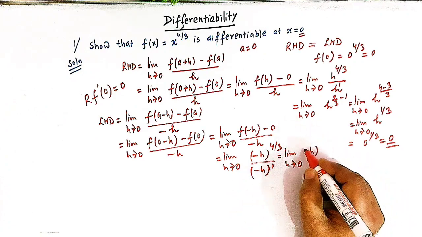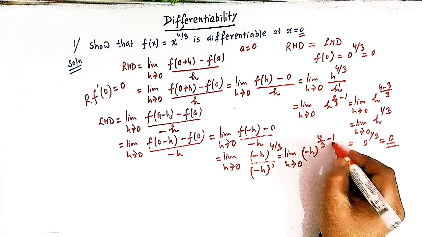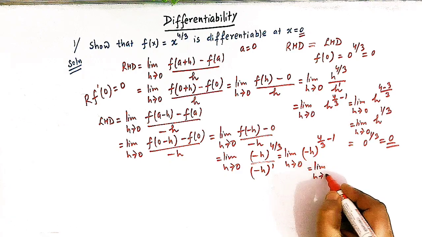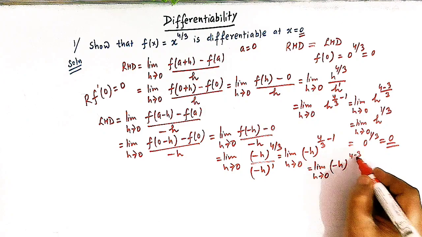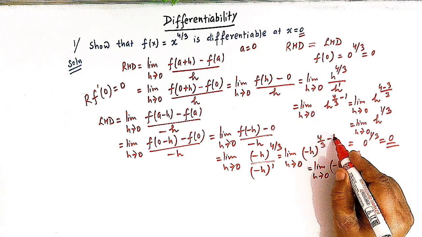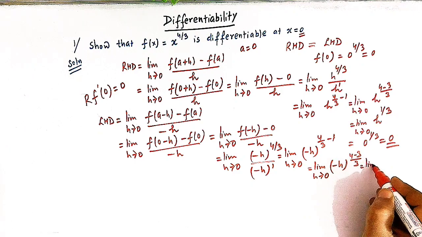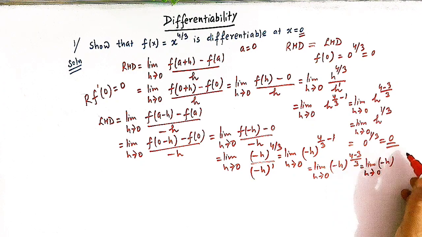So we have minus h, and we have 4 over 3 minus 1. So this is limit h tends to 0, minus h raised to 4 minus 3 over 3, that is limit h tends to 0 minus h raised to 1 over 3, right?